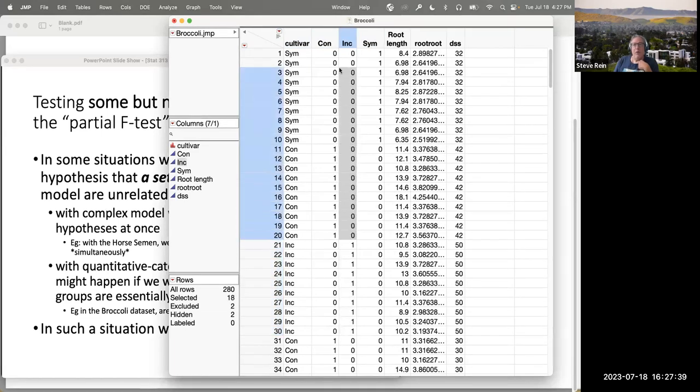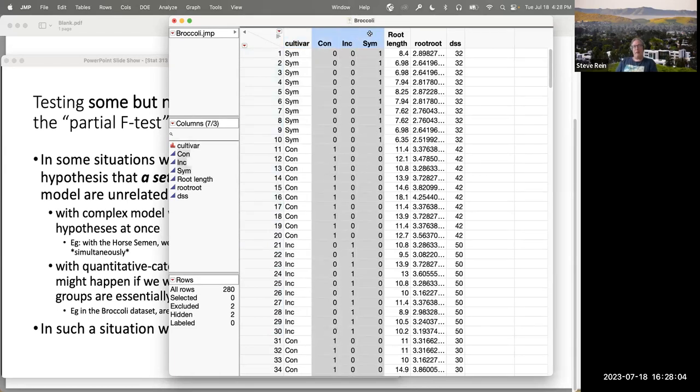If we have a 0 here for inc, it's not. Similarly, for sim, we have a value of the sim variable as exactly 1. So this one categorical variable, cultivar, gives me three different groups. I can break it down into: are you a this or that?